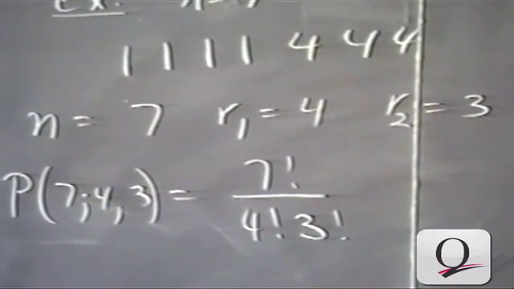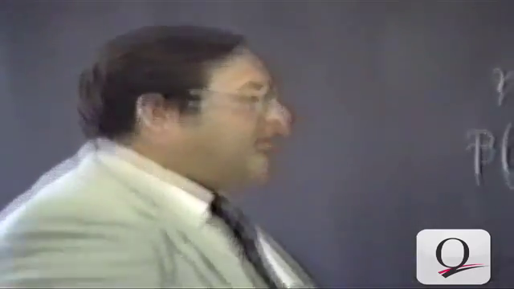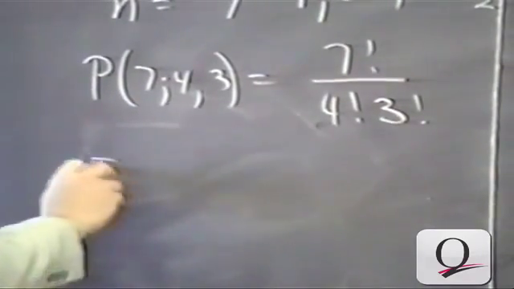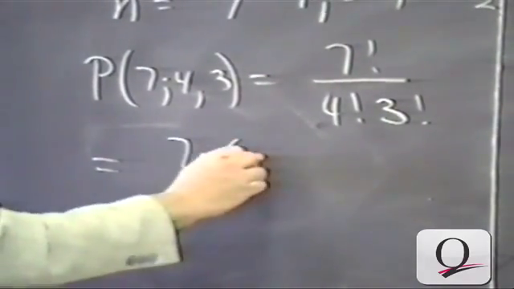Now, I really don't have to write out the entire 7 factorial because I know something on the bottom is going to cancel part of that. Well, what's going to cancel it? 7 factorial starts at 7, goes down 7, 6, 5, 4, 3, 2, 1. But as soon as it becomes 4, 3, 2, 1, it'll be canceled by the 4 factorial here. So these two will give me 7, 6, 5.